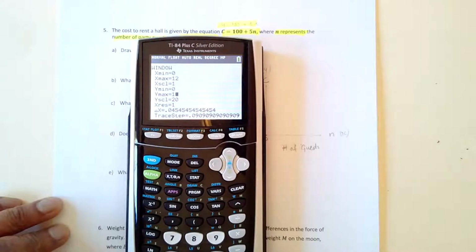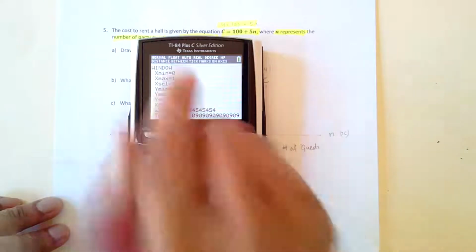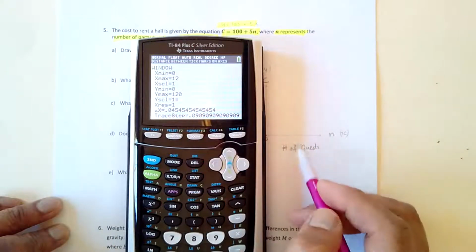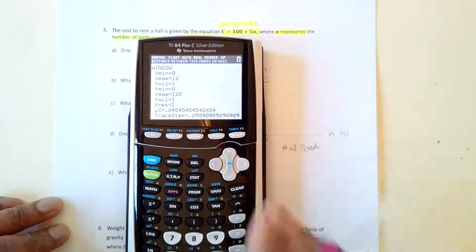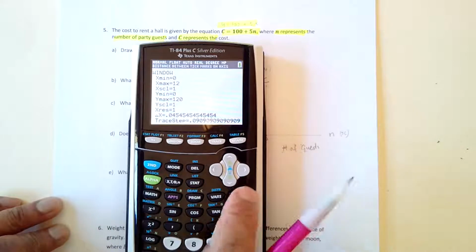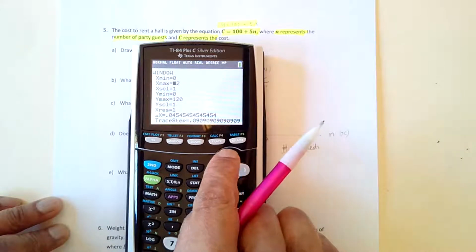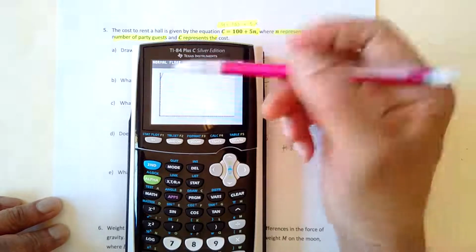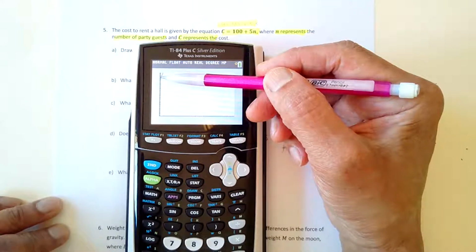So maybe 120, scale is 1. Now I don't know how many guests it will take for the cost. So maybe put 100 here as the maximum. Oh, and notice my graph is way over here on top.